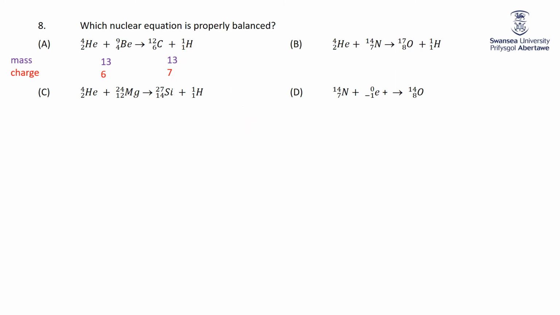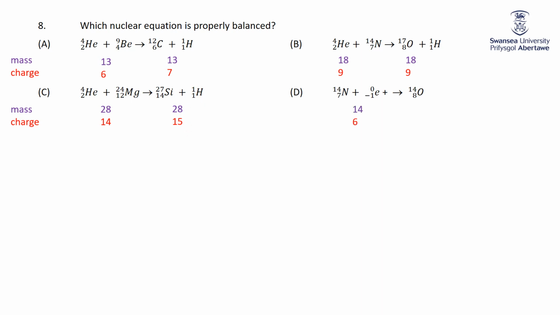this is not the right equation. B, mass of 18, charge of 9 on the left, 18 and 9 on the right. Just make sure you can add them all up. 4 plus 14 is the same as 17 plus 1. 2 plus 7 is the same as 8 plus 1. For C, mass of 28, charge of 14 on the left, 28, 15 on the right. Again, if this were a neutron, everything would be wonderful and balanced, but it's not, so this is not right.